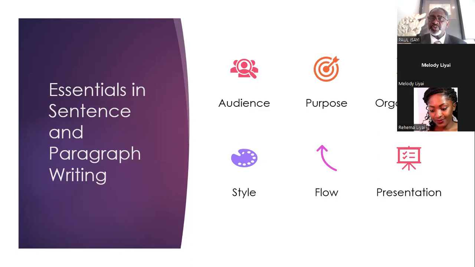The first thing you need to think about and take into account is the audience. The audience is that particular person who is listening to you, who is watching you, who is reading what you're writing. This is important because once you are communicating, when you say a word, the particular person you are addressing will hear what you say.